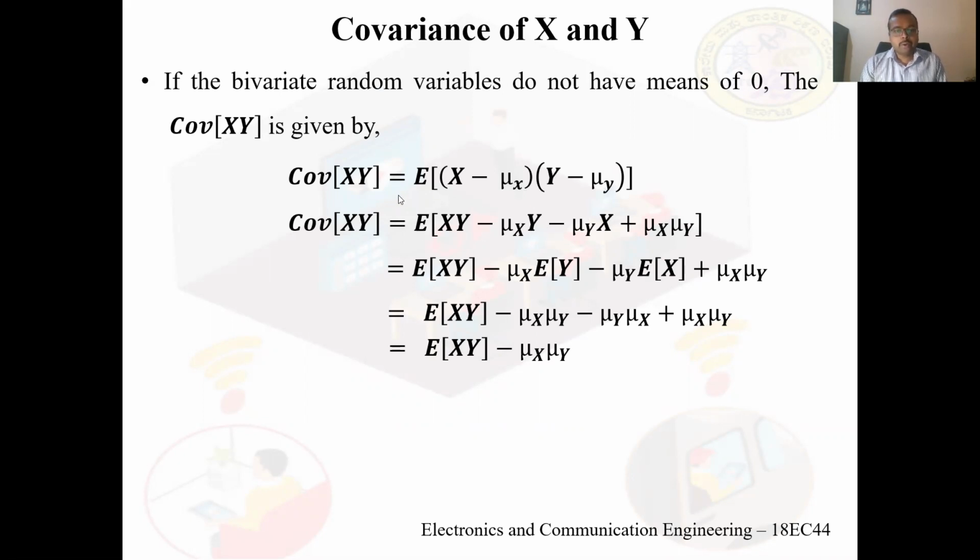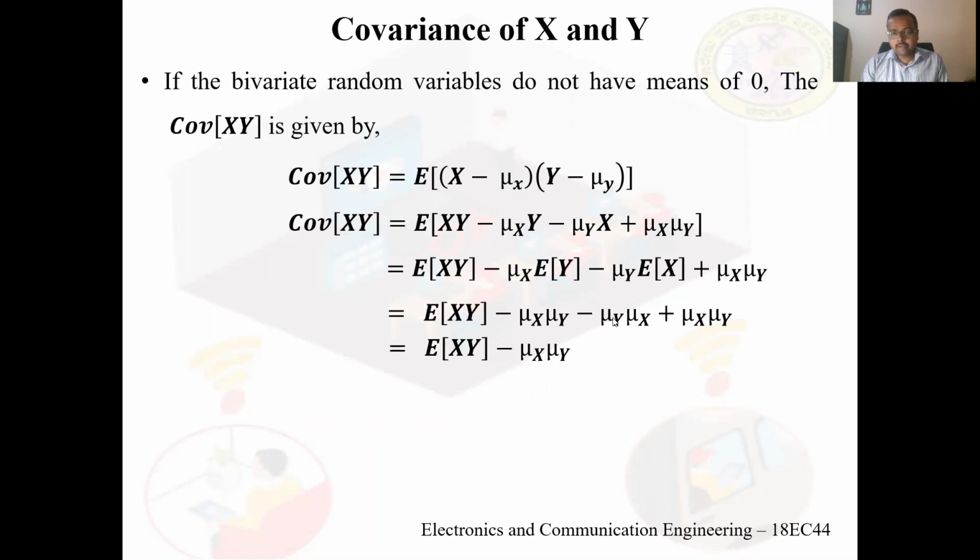So how do you now apply the expectation operator for this one? E xy minus mu x E of y minus mu y E of x plus mu x mu y. Now this is expectation of xy minus mu x mu y. E y is nothing but the mean of y, you write it as mu y, minus mu y.